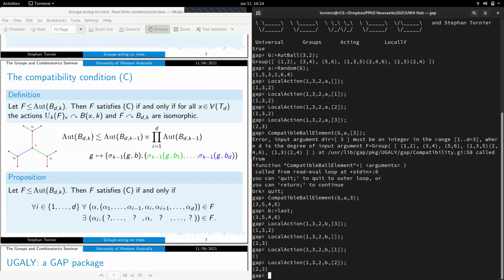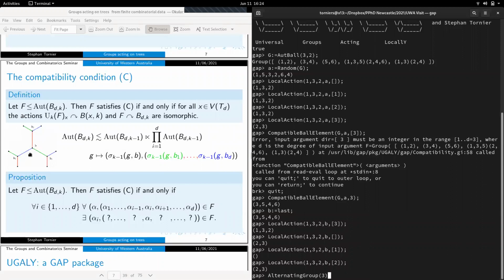So from this perspective, it's an educational tool so far. But then I want to get a hand on lists of groups that satisfy this condition C. So what could I do? For example, in this tree of radius 2, I could say, I want something which acts like the alternating group on 3 elements around the center.